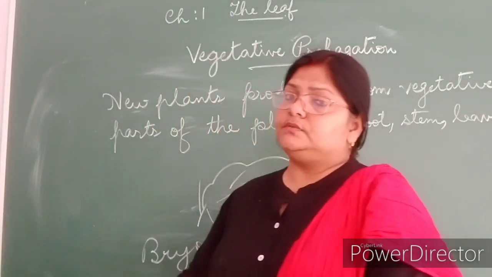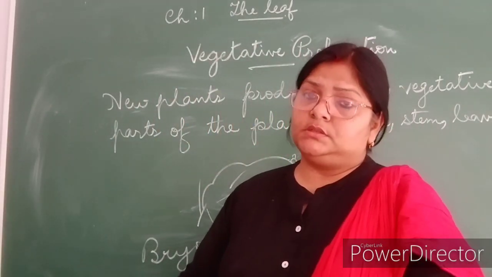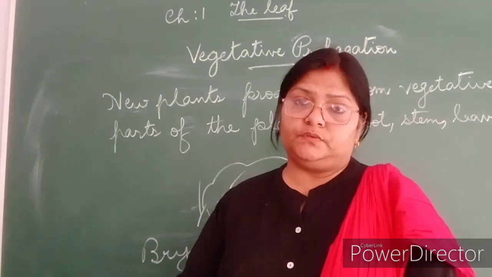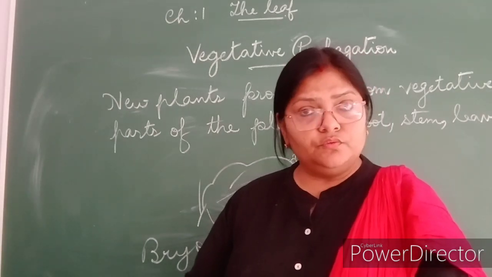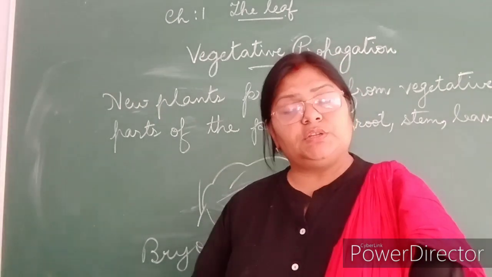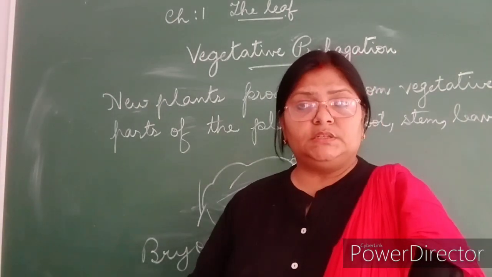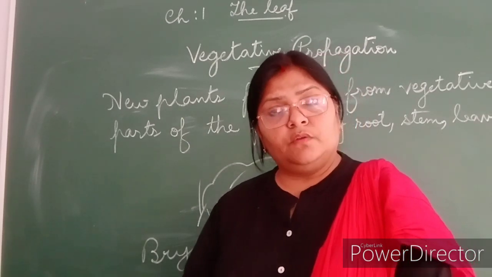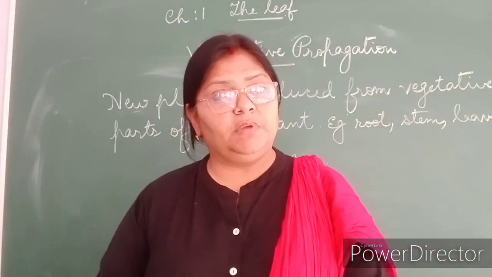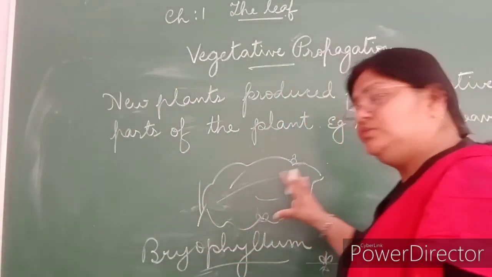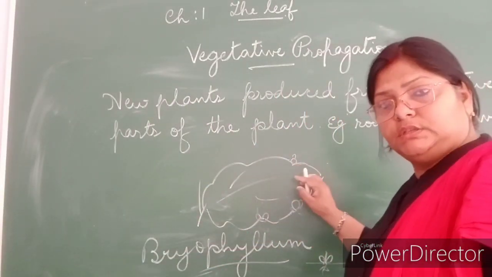But in some cases, the new plant is produced by vegetative parts of the plant, maybe with the help of root or leaf. Such reproduction, or propagation, is called vegetative propagation. For example, we'll study the bryophyllum plant. The bryophyllum plant has a huge leaf with notches in it.